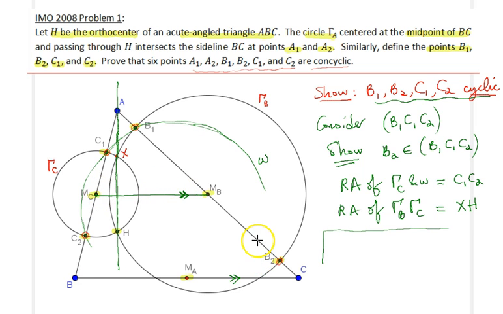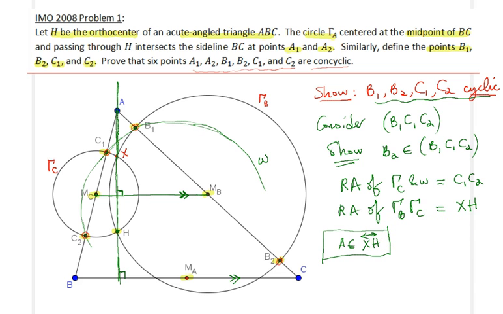But then we know that the radical axis is perpendicular to the line segment joining the centers of these two circles. So XH is perpendicular to MBMC, or if you will, perpendicular to BC. But now you have a line which is perpendicular to BC and goes through the orthocenter. Therefore, it must go through point A as well. So in my side note, A is contained on the line XH. That's a very important note for us.